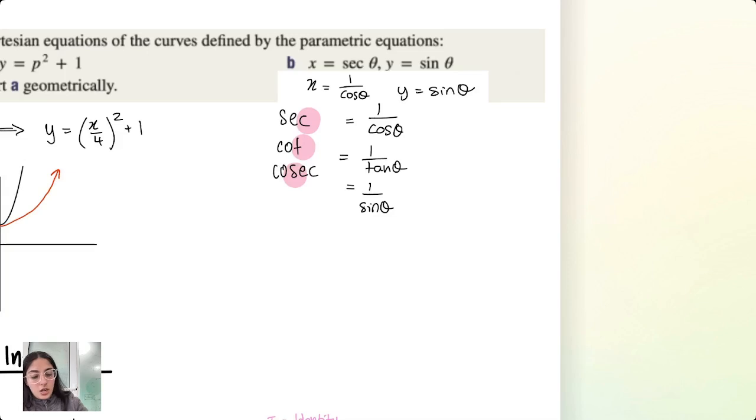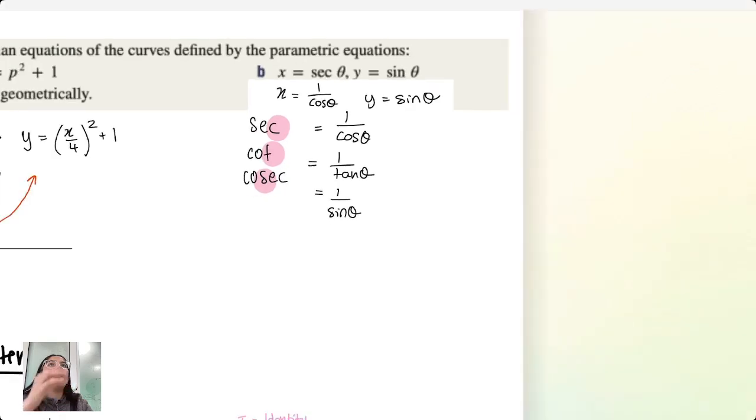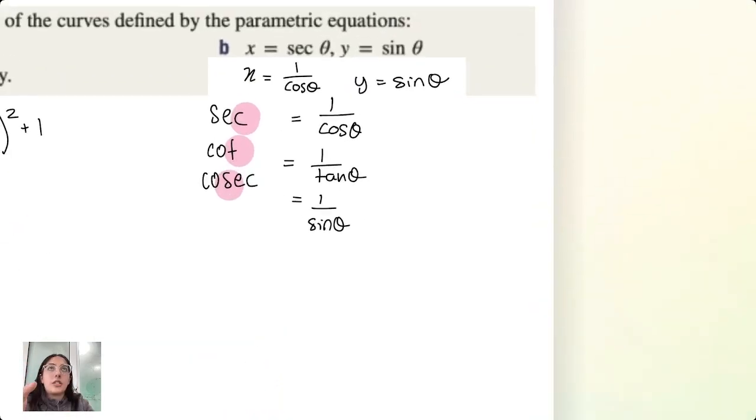So, essentially what we're going to have to do here is eliminate cos and sine. We don't want cos and sine in there because it's supposed to be a Cartesian equation, not a trig equation. In order to get rid of them, we have a cos and we have a sine here. Now, what I am able to do is, instead of x, I make it x squared.